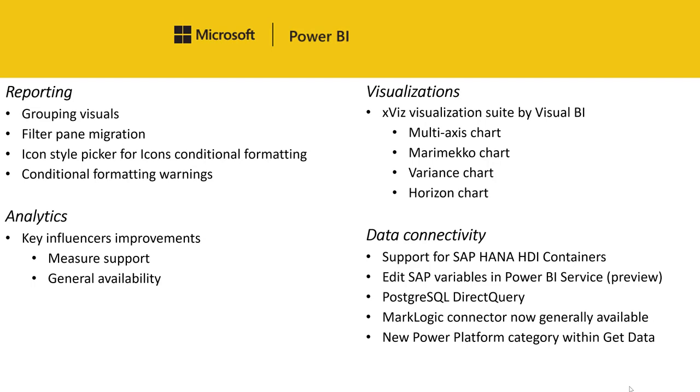You can go and adjust how it looks. It will have the same filters that it already has in the old filter pane. Nothing changes. But you could choose to hide things, lock things, collapse the pane, all of the great features we've added to the new filter pane you'll be able to use now. And then if you save that report and publish it, then the new filter pane will be available to your end users.